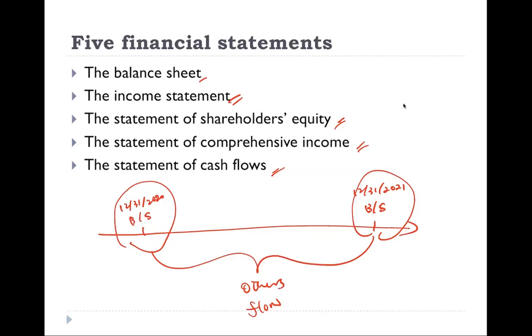Within this 1 year, what is the flow? What is the financial performance of the firm during this year? Similarly, the statement of stockholders' equity, statement of comprehensive income, and statement of cash flows are all flow statements. For example, the statement of cash flows reports the change in cash balance during this 1 year.